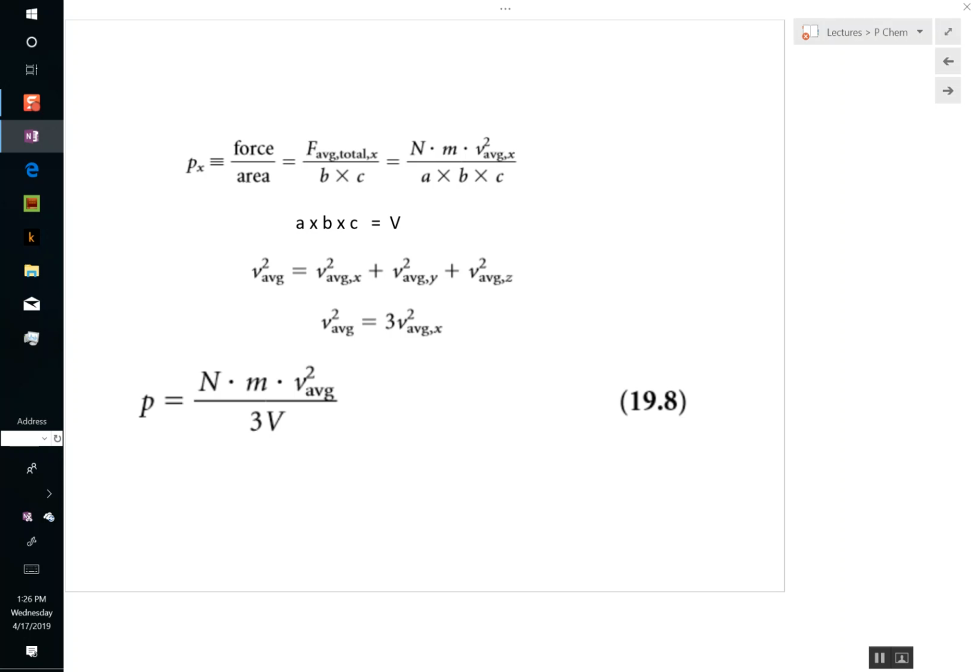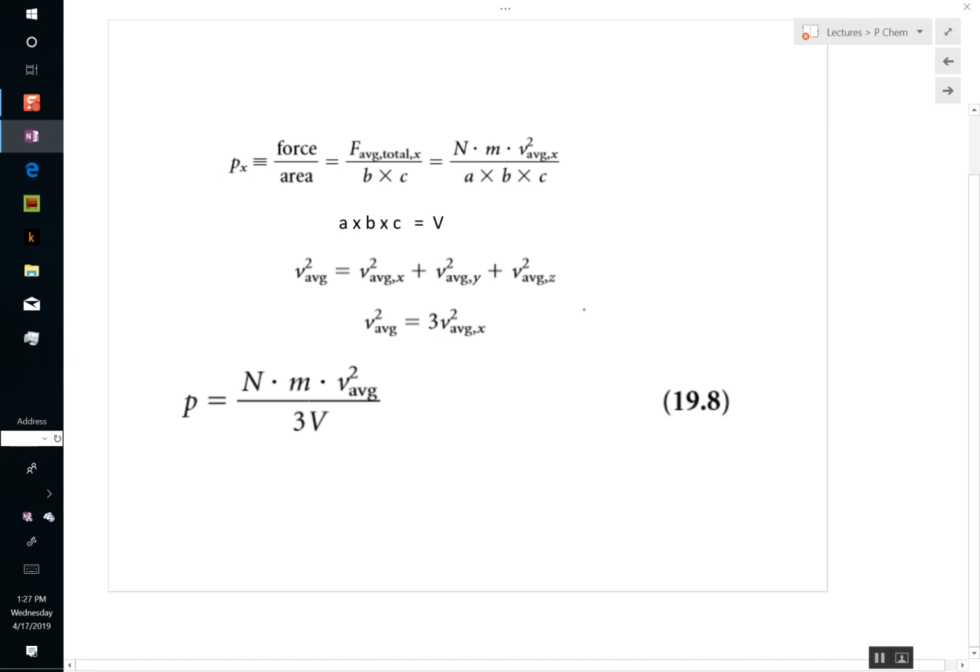So the overall square of the average velocity is going to be the sum of the averages going in the x direction, the y vector, and the z vector. So this overall average, irrespective of direction, is 3 times the square of the average in the x direction, which is what we were limiting ourselves to up to this point. What does this mean?